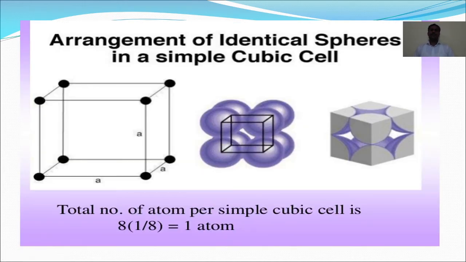Arrangement of identical spheres in a simple cubic. In a simple cubic, 8 atoms are at 8 corners. So the total number of points per unit cell is equal to 8 multiplied by the contribution of one atom, 1 upon 8, which is equal to 1 atom.